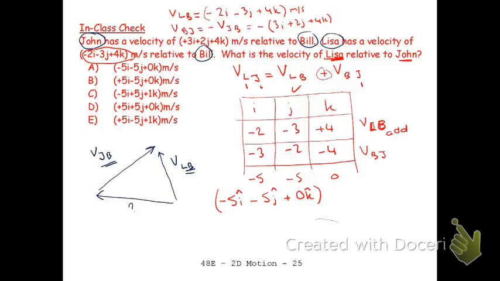I am looking for the velocity of Lisa relative to John. It's a velocity, so that would be meters per second. And there's my answer.